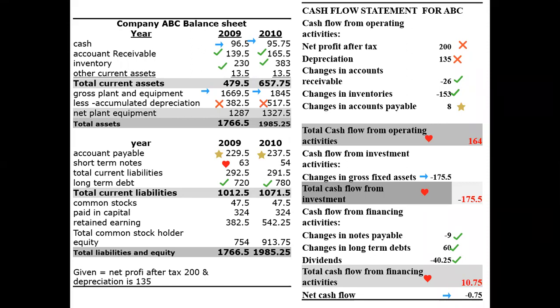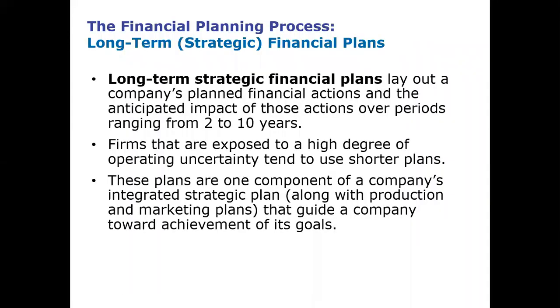So this is the first part, where we can find all items related to the cash flow statements. After the cash flow statements, we need to go to the second part, financial planning statements, which lead us to the long-term strategic financial plans, which may take 2 to 10 years.